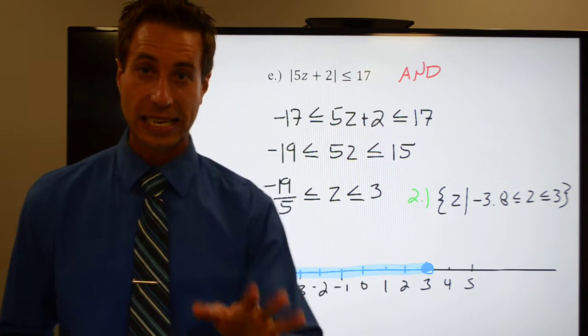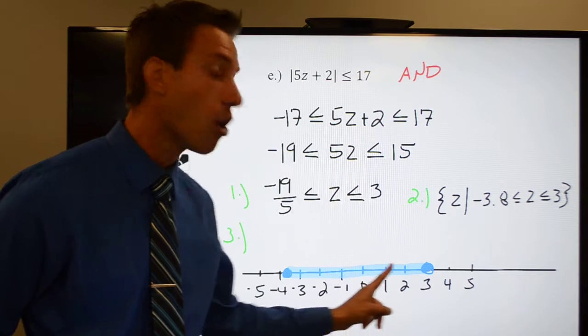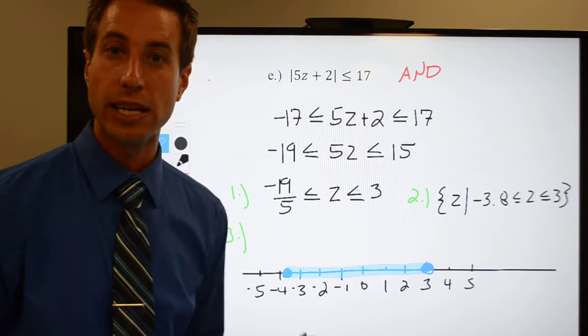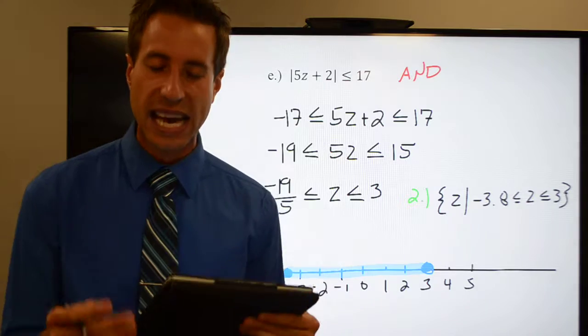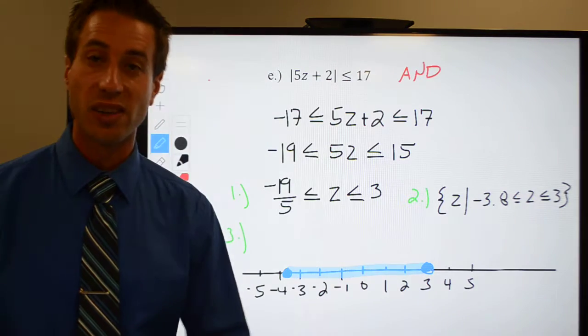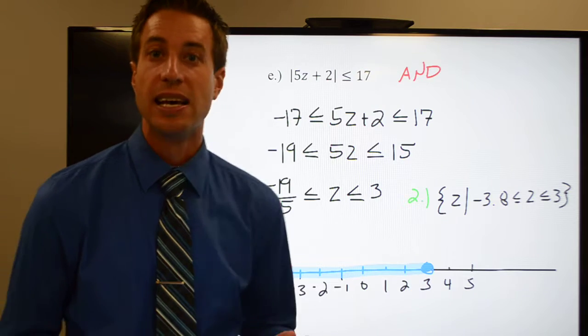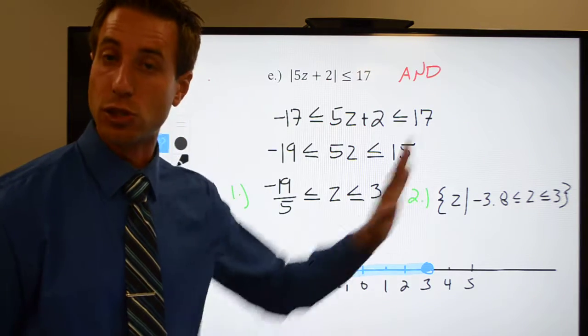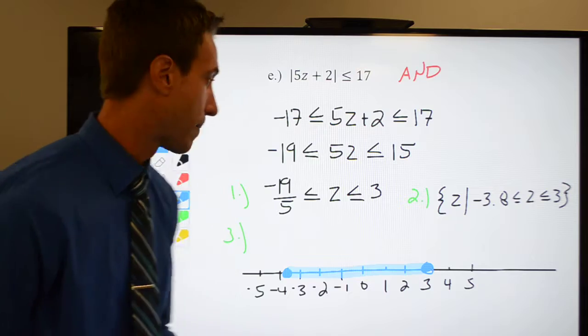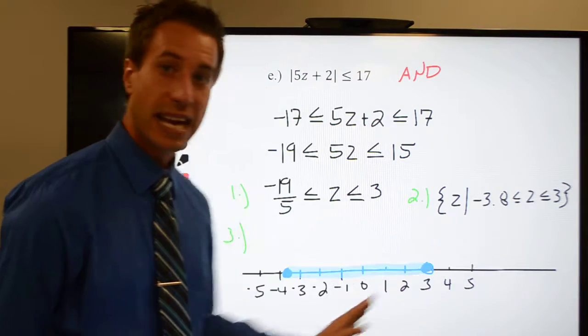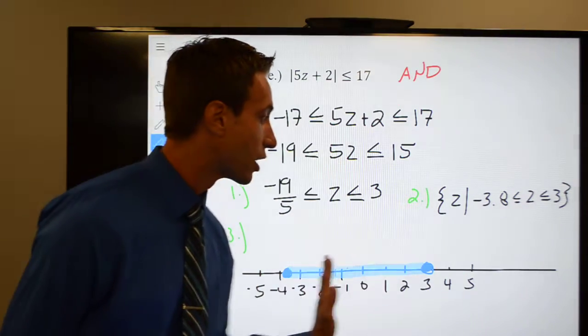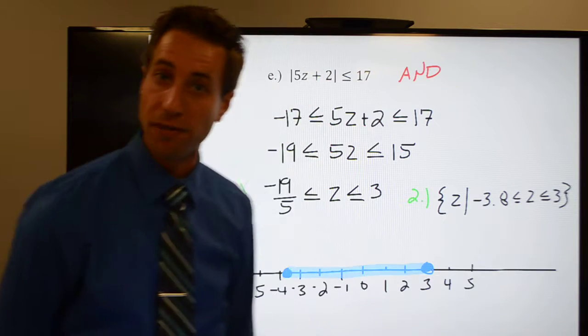Remember, this is an and inequality, which means you pick any one of the numbers in the shaded region. It will satisfy both inequalities at the same time, all right? Only these are the solutions. It is the intersection between the two inequalities, right? This negative 3.8, everybody greater than that would be everybody going in that direction to infinity.